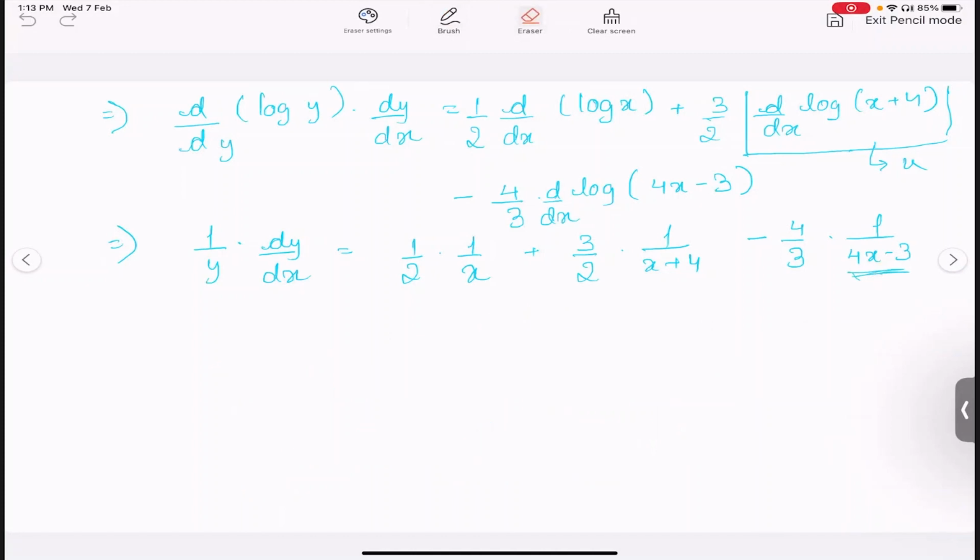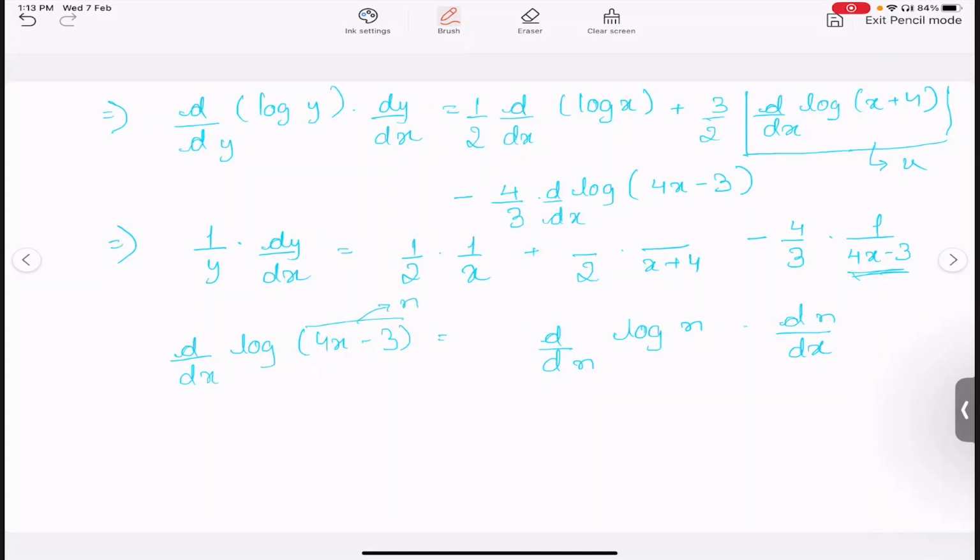But in this case, let's say d by dx of log of 4x minus 3 will be equal to d by dx of log of, let's say, n, which can be written as the derivative of log n with respect to n times the derivative of n with respect to x, where n is this thing.